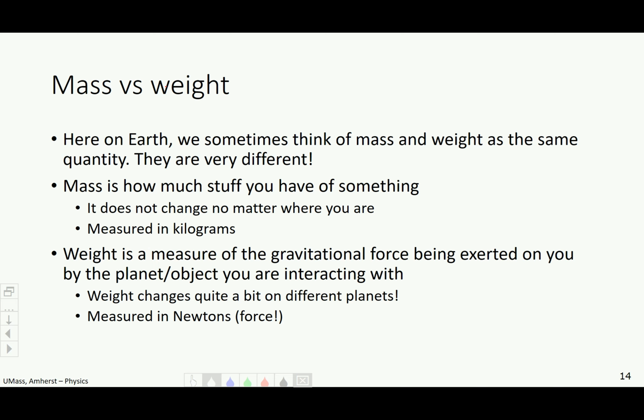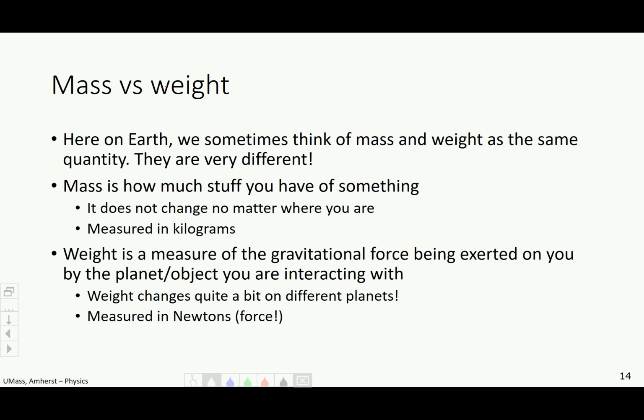You have the same mass on Earth, on the sun, out in space, on Jupiter, because it is a measure of how much you have. It is a certain number of atoms. If I have 5 kilos of aluminum, there are an exact number of atoms of aluminum in that 5 kilos. No matter where I go, there are always the same number of atoms in that kilo.